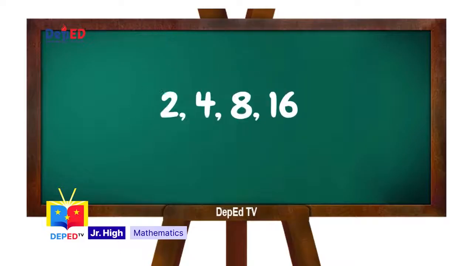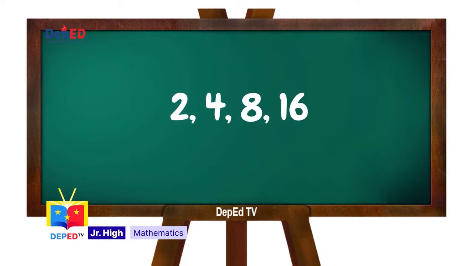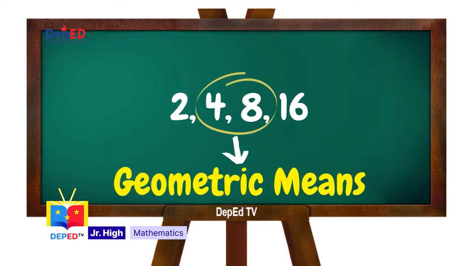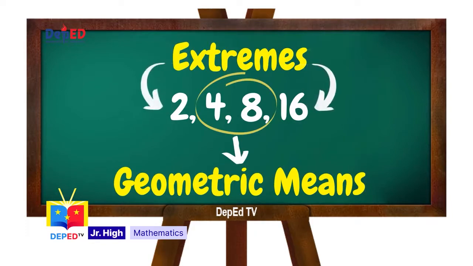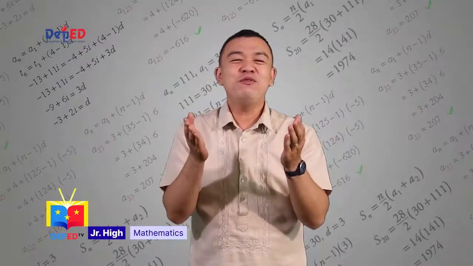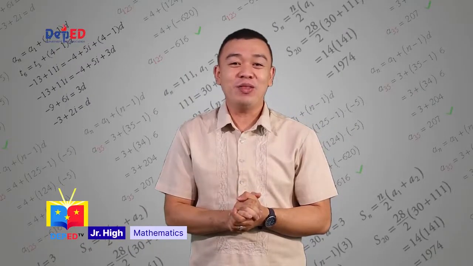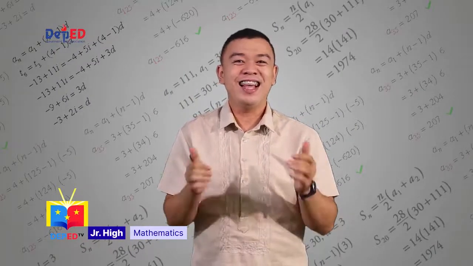In the sequence 2, 4, 8, 16, the numbers 4 and 8 are the geometric means of the extremes 2 and 16. I know that you are very eager to explore more about this lesson. Well, let's begin.